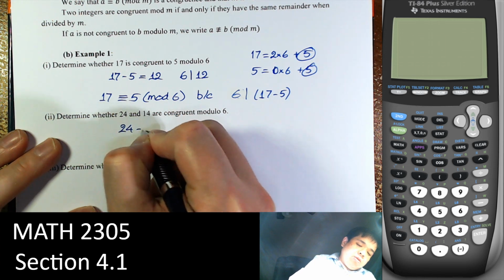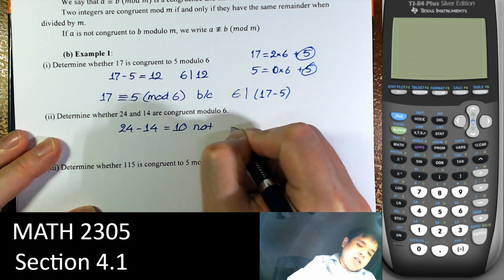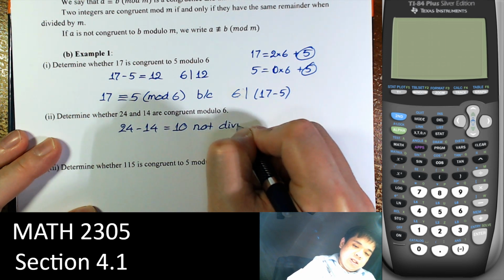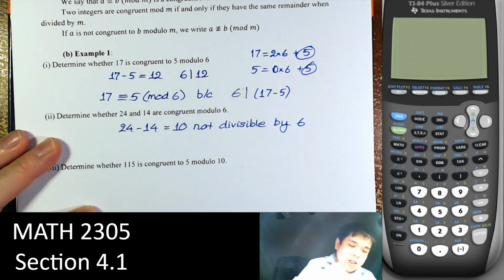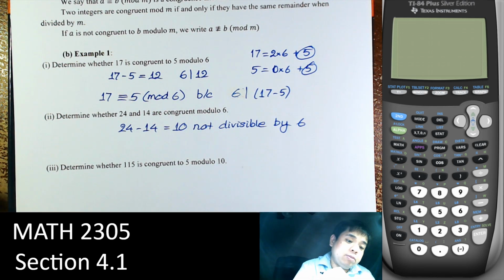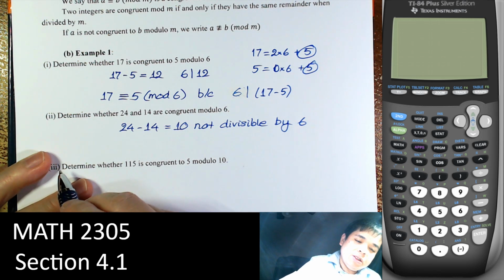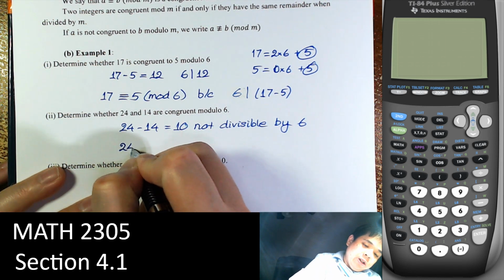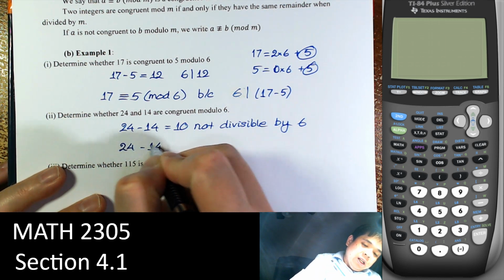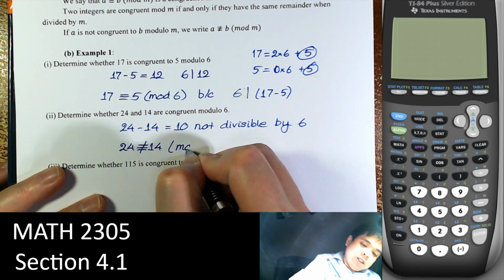24 minus 14 is 10, and it is not divisible by 6. So in that case, we will write that 24 and 14 are not congruent mod 6.